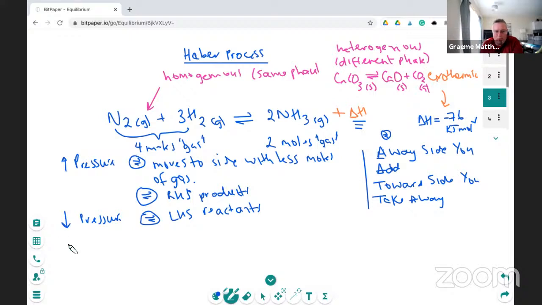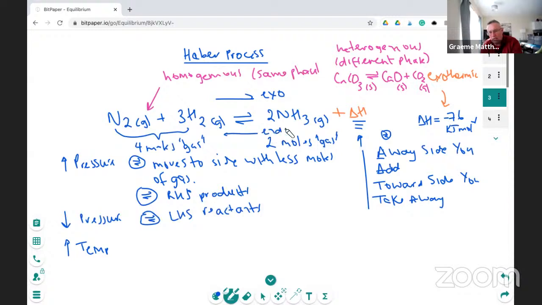Obviously, this depends on the system. Going in this direction, this is exo, the heat is coming out, and this way is endo.